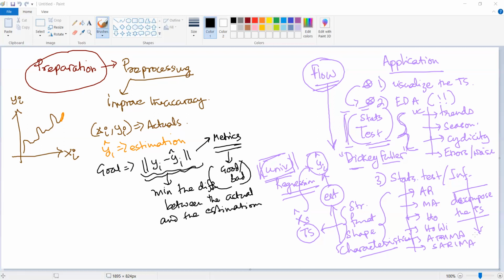There is nothing else. If this is what I'm going to do, then we'll have to do some kind of pre-processing in the first place, so that I can improve the estimation accuracy. So in that case, what shall I do?